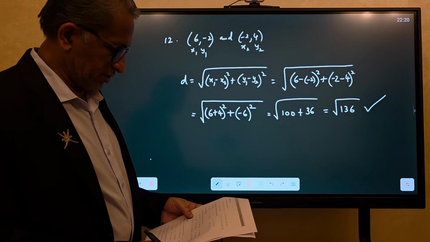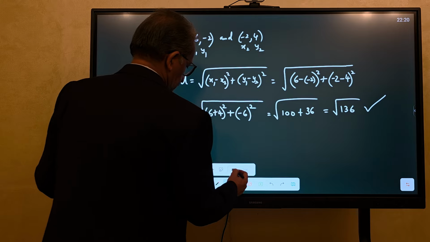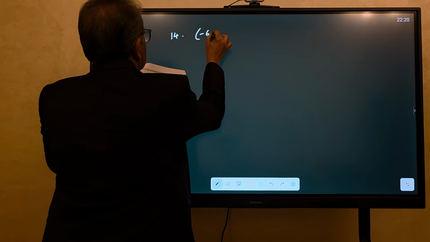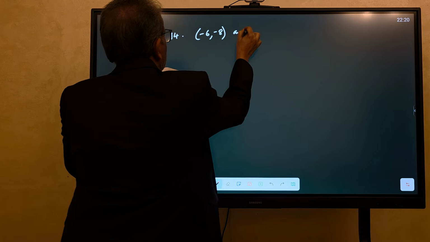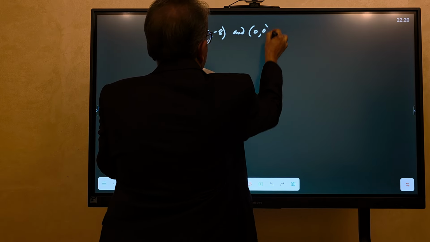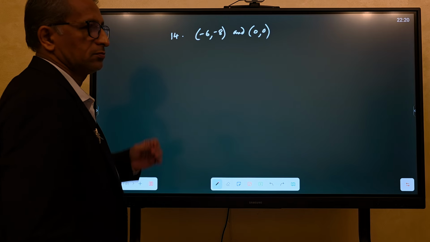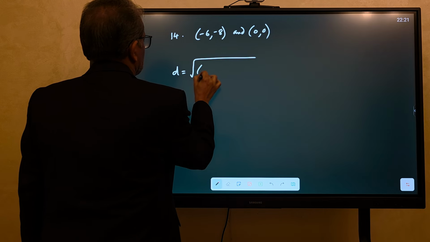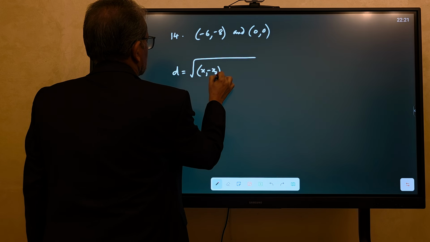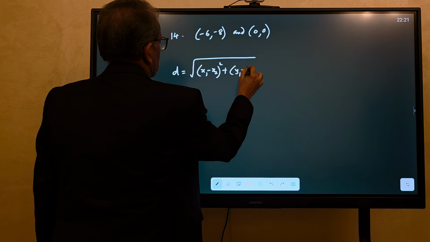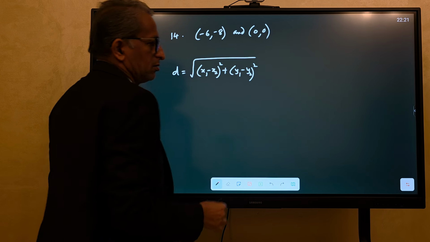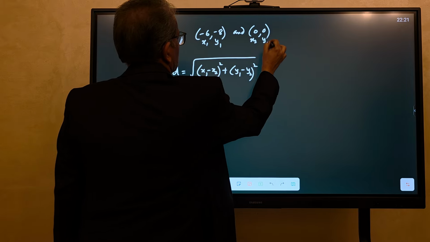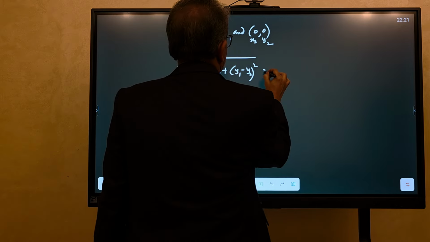So let's do number 14. (-6, -8) and (0, 0). Well, D is the square root of (x1 minus x2) square plus (y1 minus y2) square. Put here x1, y1, x2, y2. Put the values.